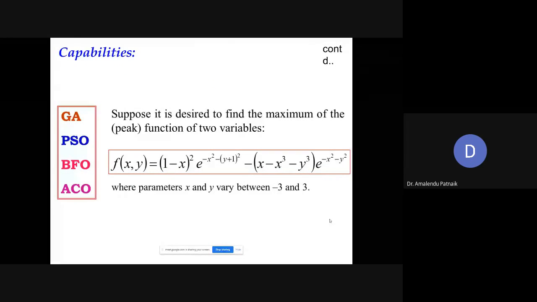So now broadly we have classified all the meta-heuristics into two categories. One category can be used for solving function mapping type of problems and classification problems, and another set of meta-heuristics can be used for solving optimization problems. Those are basically optimizers, right?